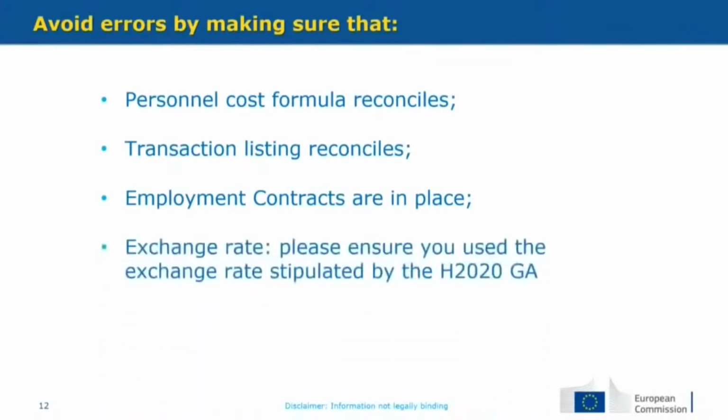Also for the audit, you will receive anyway a list of documents to prepare in advance. And one last part, the exchange rate: ensure that the exchange rate stipulated by the Horizon 2020 grant agreement is used, because you have to use a specific exchange rate.